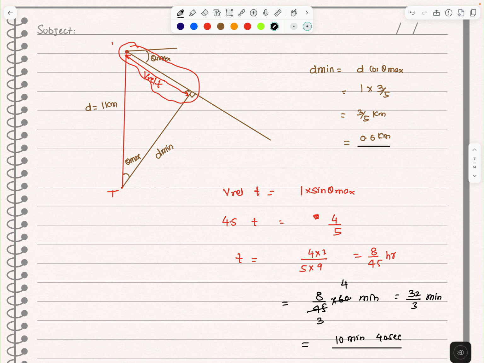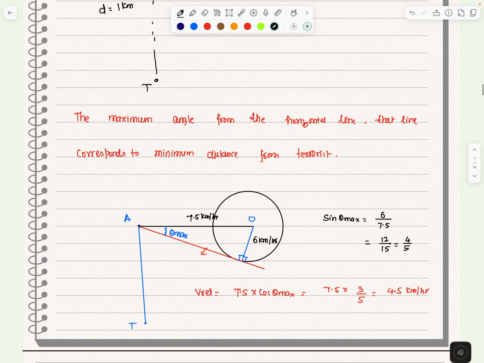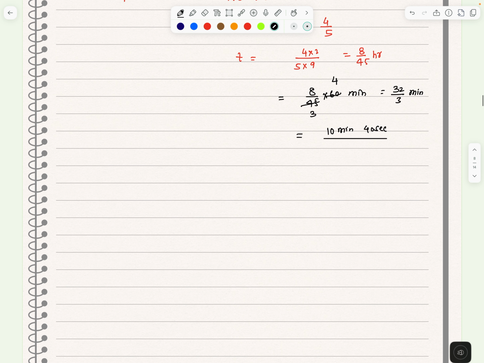Now one very important thing I told you about this vector triangle method. This method is useful when one of the vectors is completely known, that means both magnitude as well as direction are known. The other vector is known only by magnitude, and the magnitude is fixed.